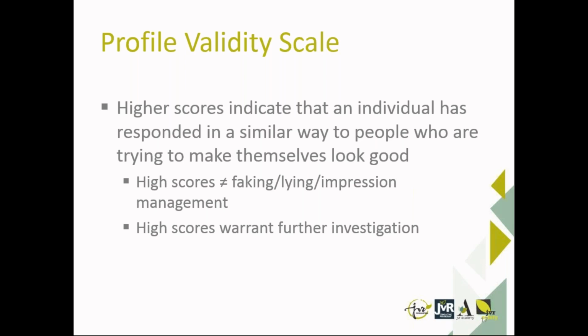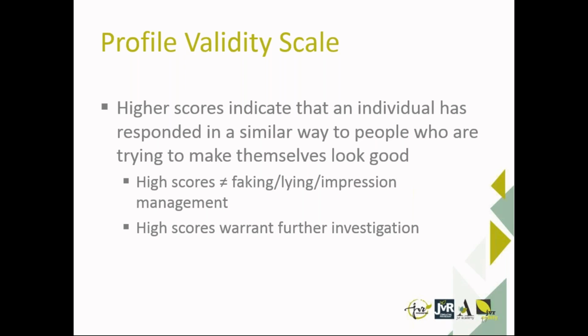As I mentioned earlier, the profile validity scale is only reported on the Work Personality Index reports that are related to selection. So it will be the select report, and it will also be the job match report. In terms of assessing the validity, you're going to examine the profile validity section of the candidate's report and assess the extent to which the questionnaire was answered candidly rather than in either an overly positive or just an unusual way.